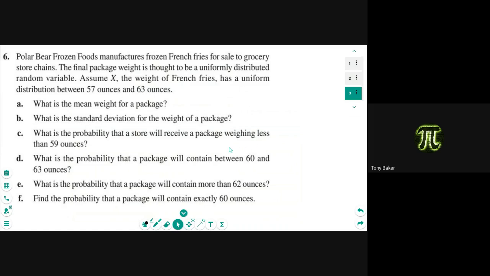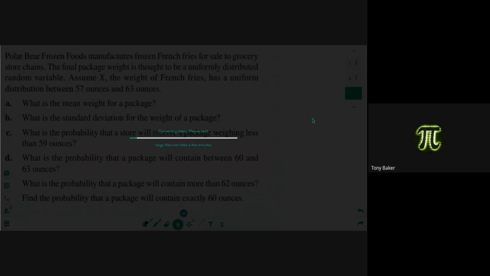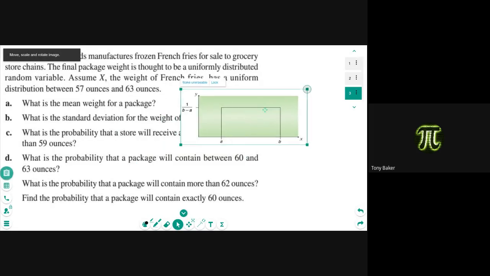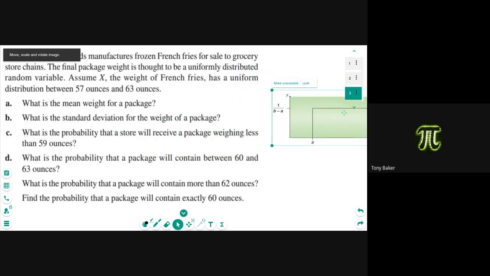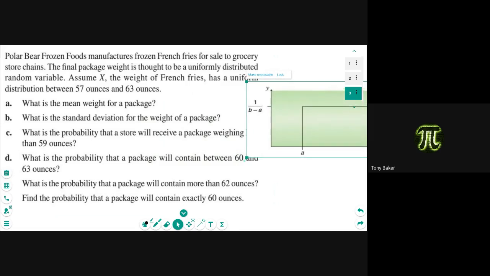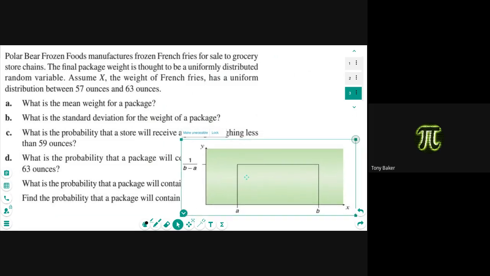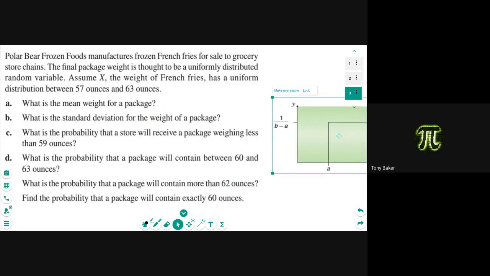So let's look at a problem. The first thing we want to look at is let's figure out what the actual distribution looks like.